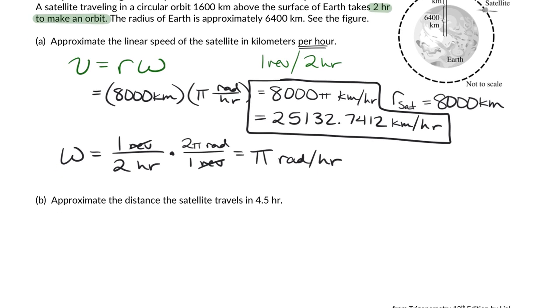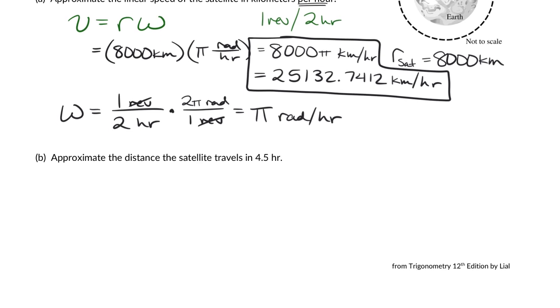Part B, though, says to approximate the distance the satellite travels in 4.5 hours. When we're talking about distance, what letter am I looking for? Distance. It's S. What does S stand for? Arc length.